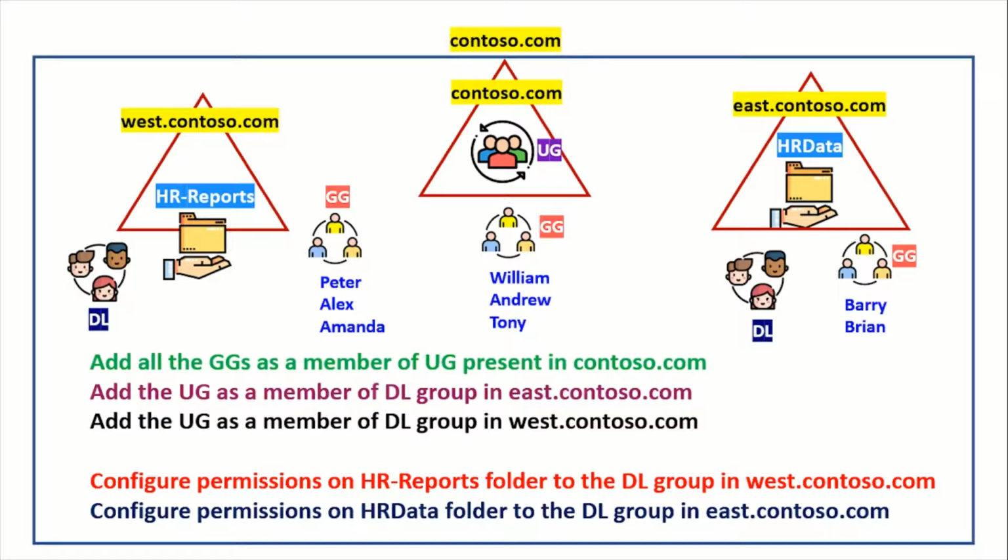So as we have seen earlier, the main purpose of a domain local group is to give permissions to local resources. And this strategy is called AGUDLP.